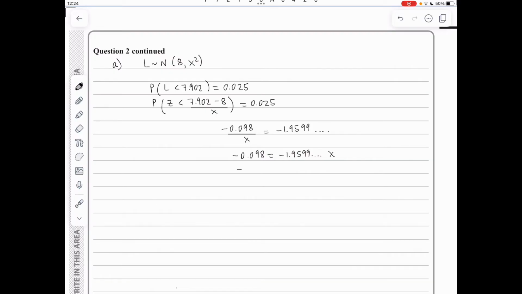So negative 0.098 over negative 1.9599 dot dot dot is x. This leads to x being 0.050009 dot dot dot, and therefore we conclude that x is 0.05 to 2 decimal places as required.